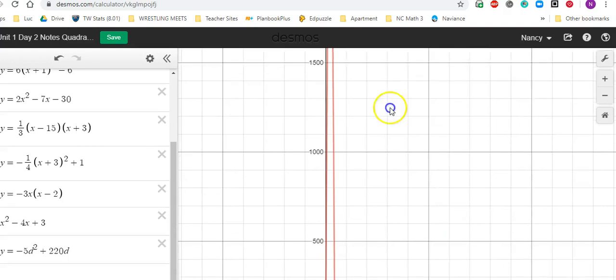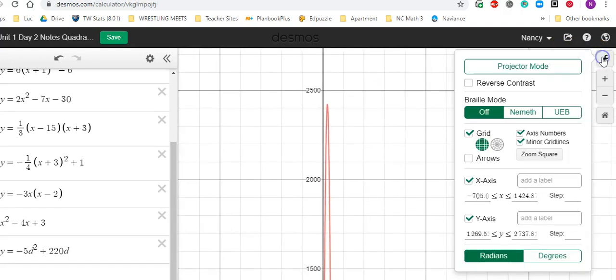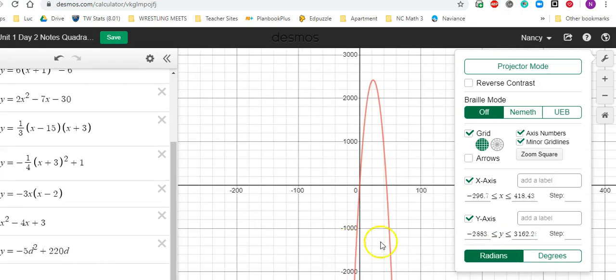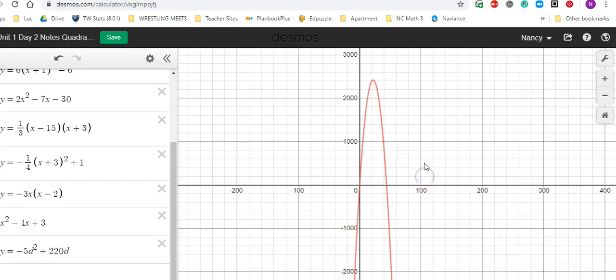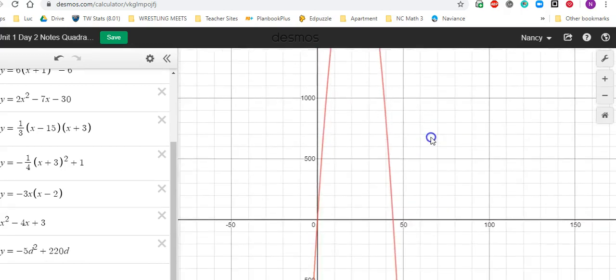What you can do if you get a parabola that looks like this, and there's the top of it right there, you can go over here to this wrench, and I'm going to change the y-axis. I think I can change the y-axis on this one. Okay, so I changed the y-axis and it made it a little bit easier to look at. So now I can zoom in and look at the different points.